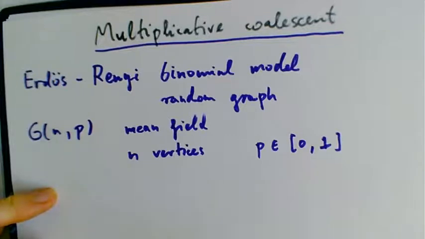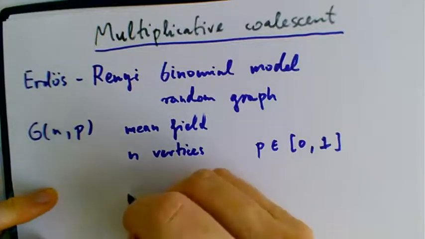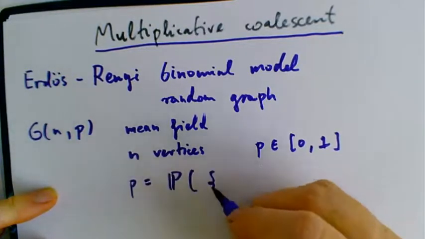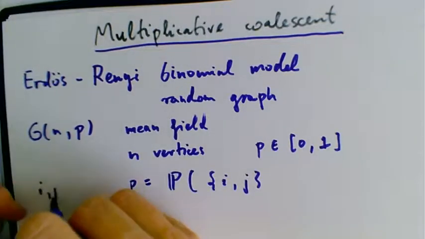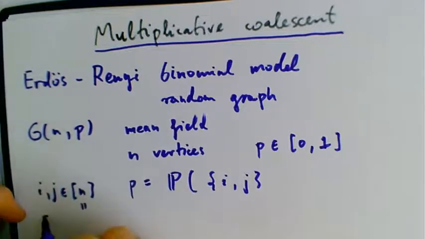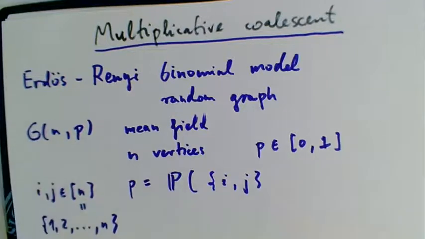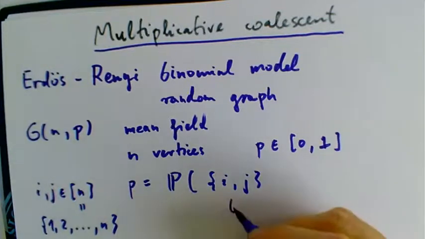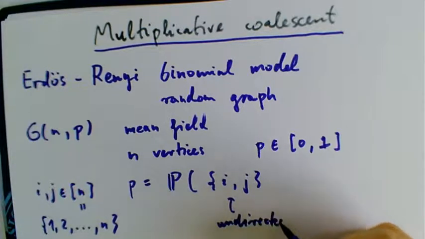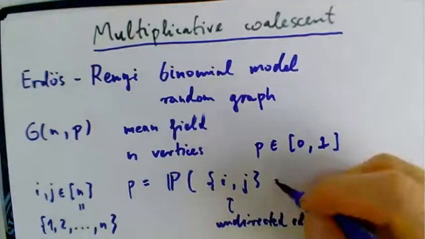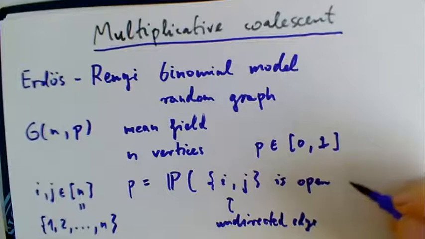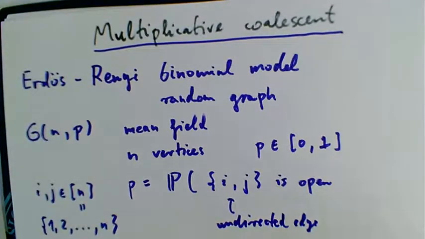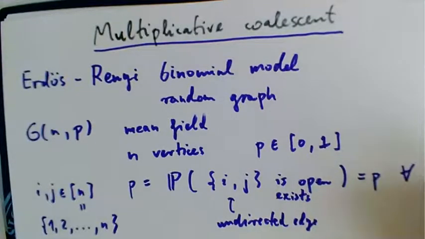It looks the same from every vertex because p is the probability that the edge ij, for any i and any j in n, is open. I give each vertex a label, which can be 1, 2, up to n, and this is a set of two elements, an undirected edge. Edges can be open or closed, they exist or do not exist, with probability p for every pair, for every i different than j.